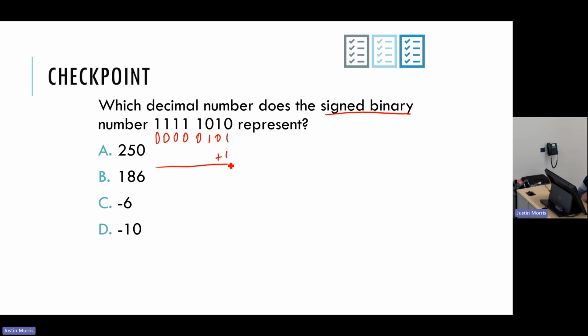So now 1, 1 gives me 0 with a carry, 1, 1, and then all my zeros. So you did the quick way, but this is the way that I was showing them before you came. So this is 4 plus 2, 6. So when we negated it, we found out that it's 6. So because we negated it, it's -6, right?